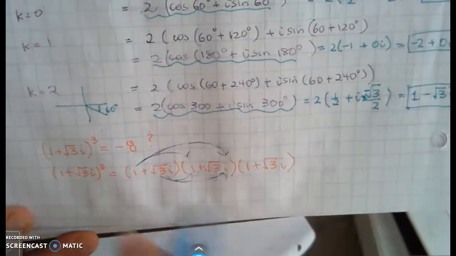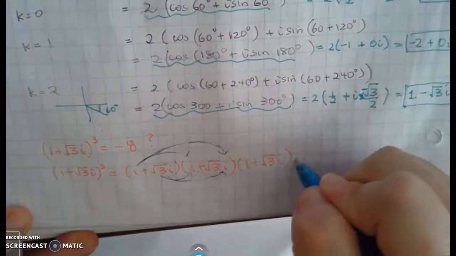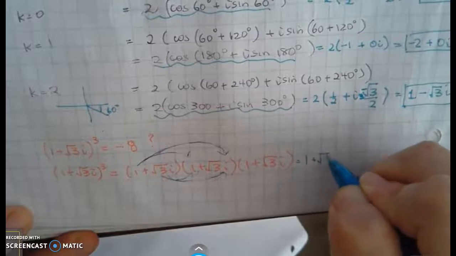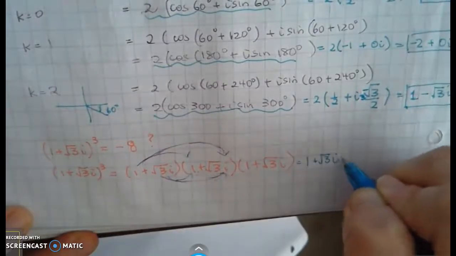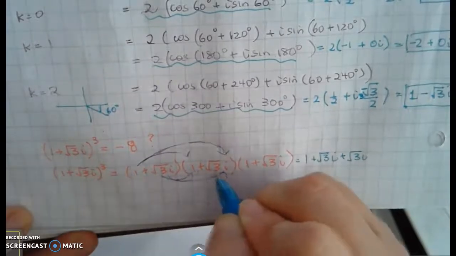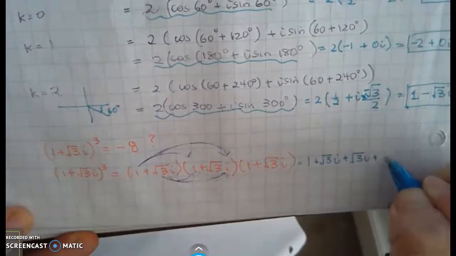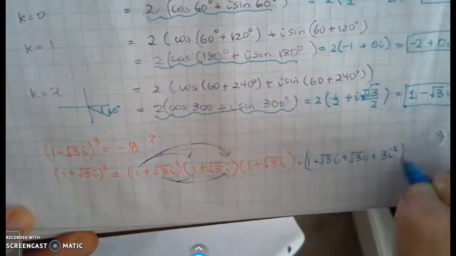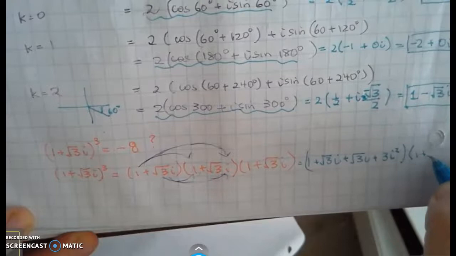And when I do that, 1 times 1 is going to be equal to 1. 1 times root 3i is going to be root 3i, and another root 3i, and then root 3i times root 3i is going to be 3 times i squared, and that needs to be multiplied by 1 plus root 3i.